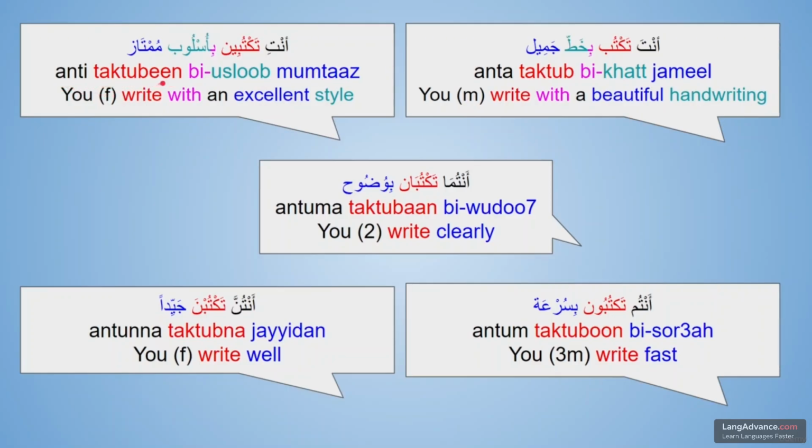And then addressing two people, أنتما تكتبان بوضوح, you two write clearly. And then addressing a group of males, you write fast, أنتم تكتبون بسرعة. And then addressing a group of females, you write well, أنتن تكتبن جيدا.